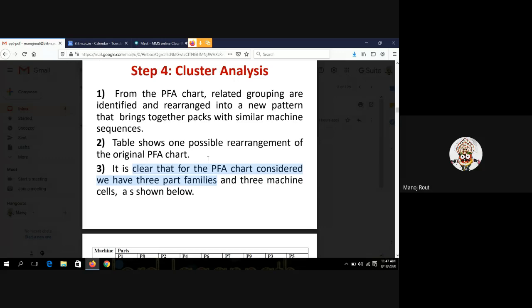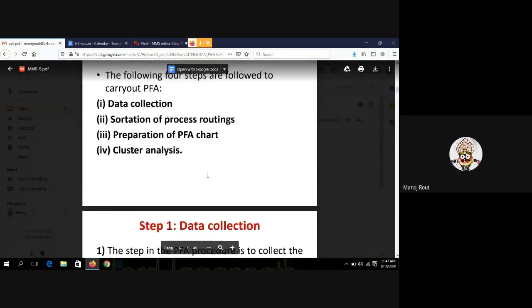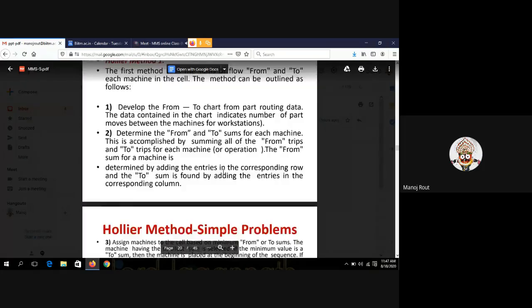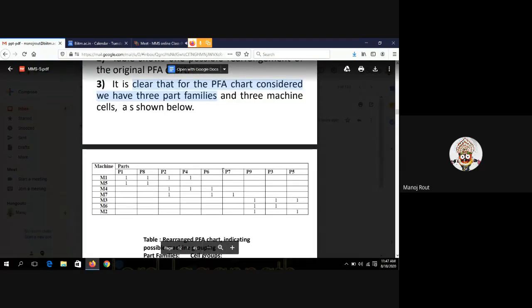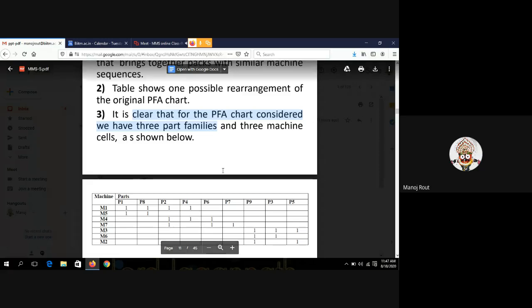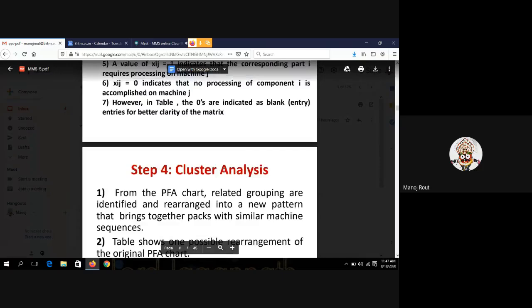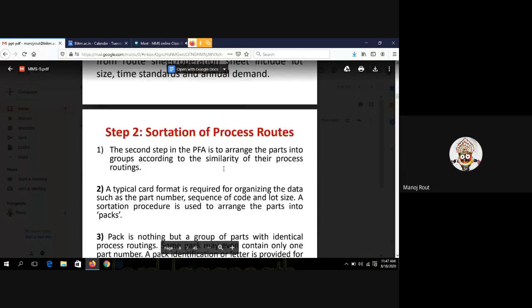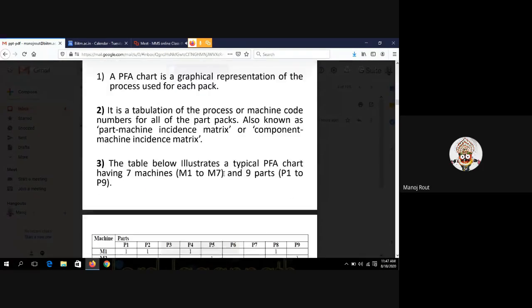The table given below is a possible rearrangement of the original product flow analysis chart.